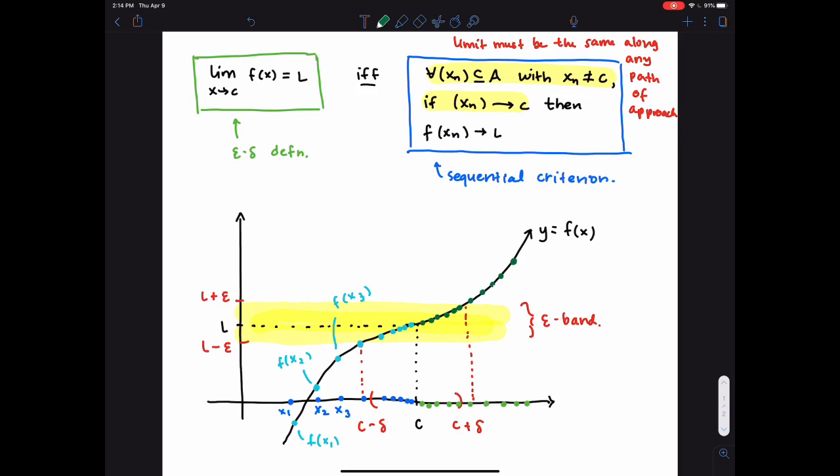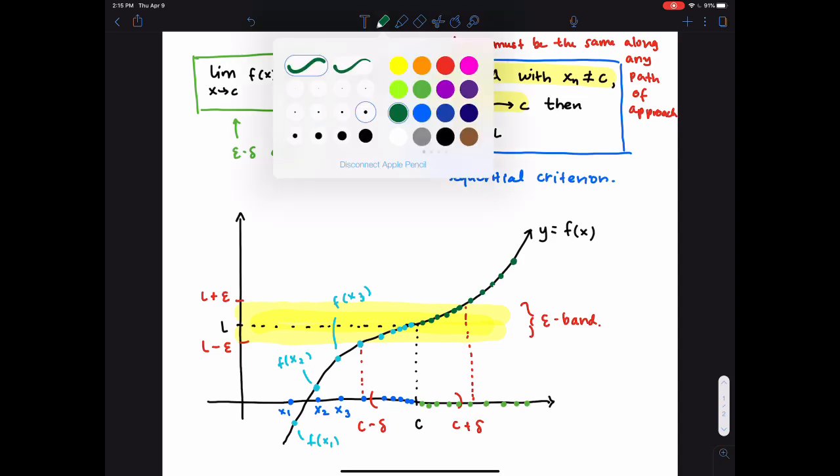So in order to prove the forward direction, we get to assume that we have the epsilon delta picture. For any epsilon that we want, we can always get this delta neighborhood. And we want to prove that if we have an input sequence, there's a way to chop the tail of the output sequence such that it's within our band around L. So let's write down what we want to show down here.